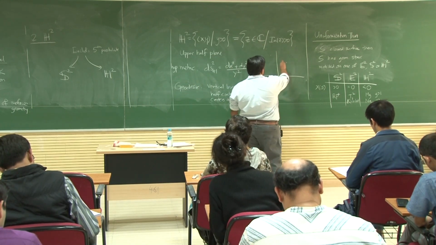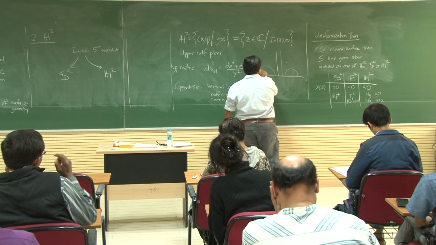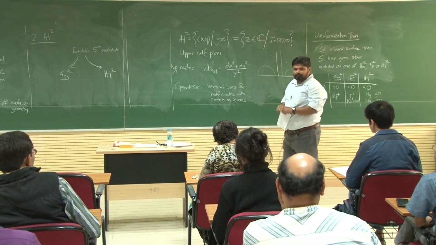So here are your vertical lines and then here are your half circles. So these are your lines.